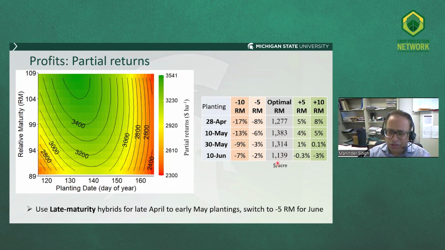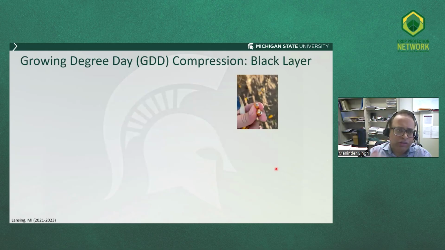The reason we think the optimals did pretty well with these really late plantings is this phenomenon called growing degree day compression. We all know that corn growth and development is driven by heat accumulation, right? Growing degree days.